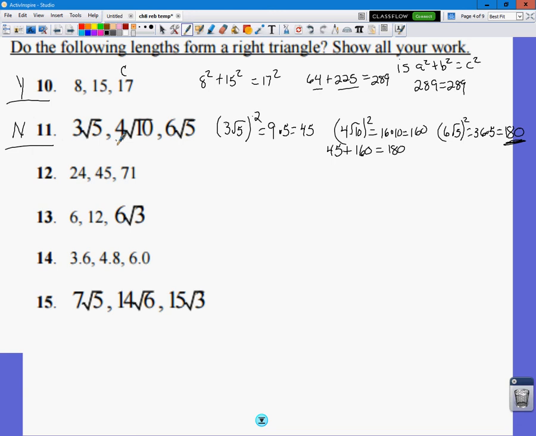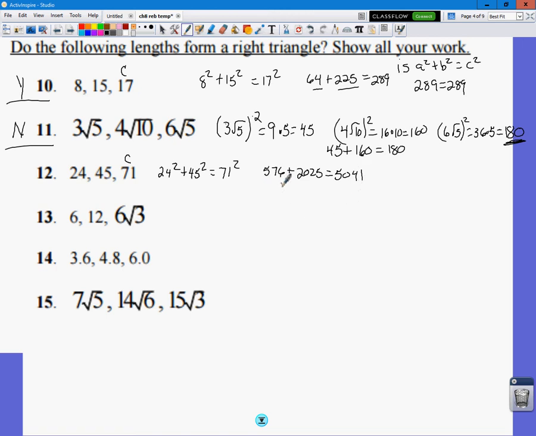This one's easier because we don't see the radicals again. This is the c side. 24 squared plus 45 squared equals 71 squared. 24 squared is 576. 45 squared is 2025. 71 squared, 5041.